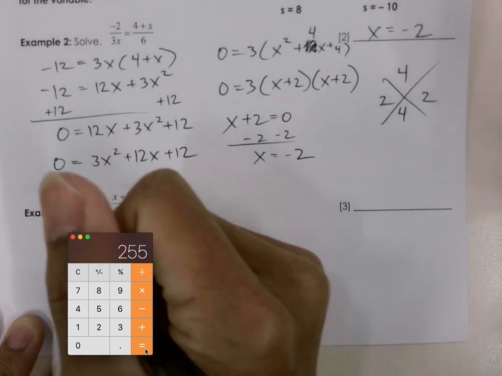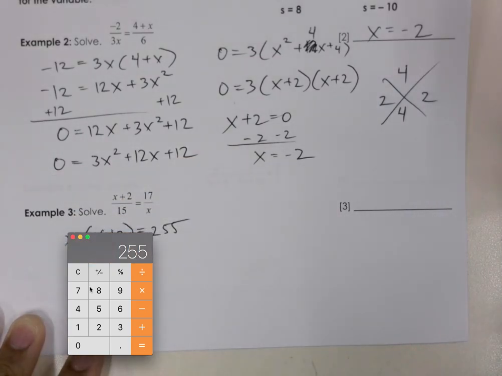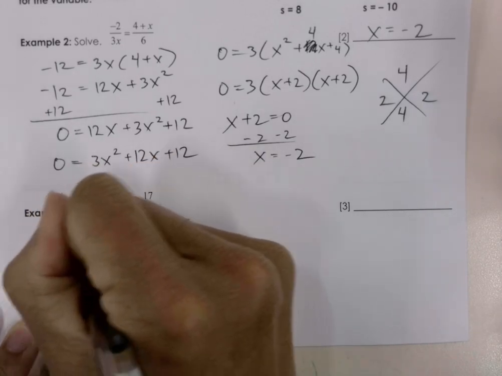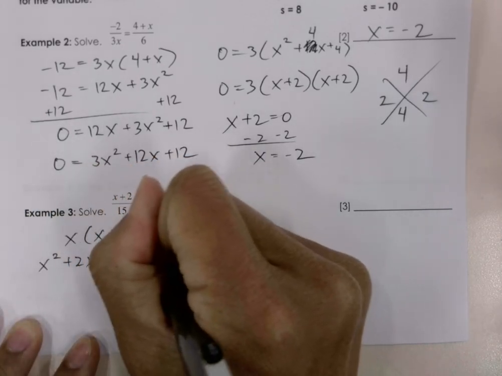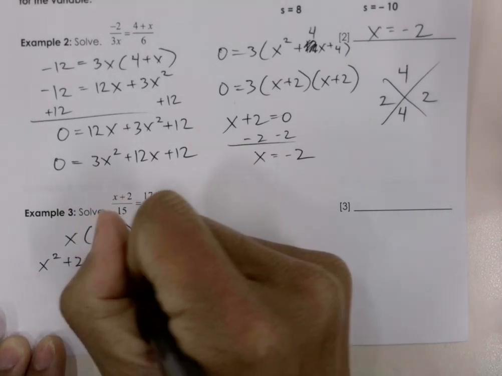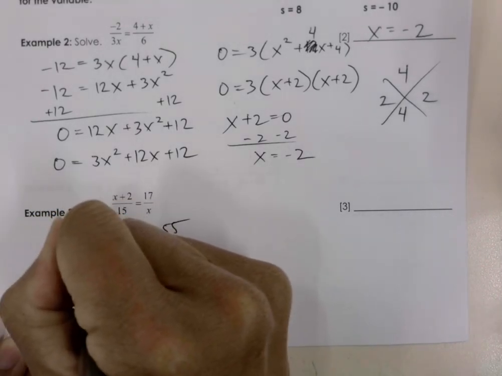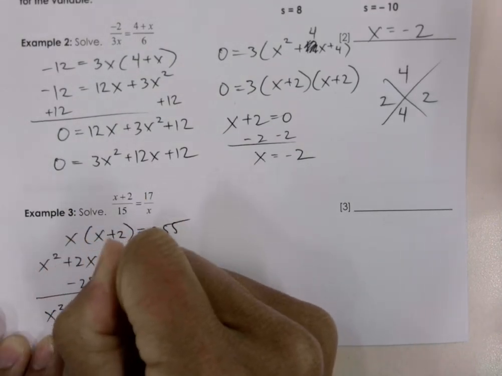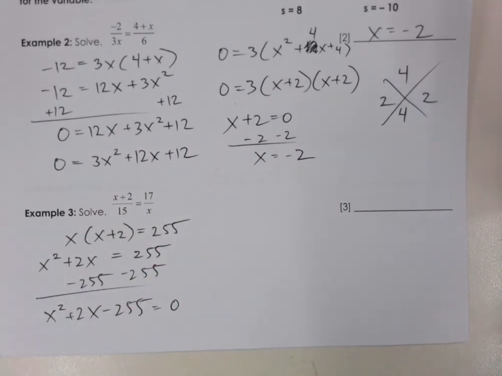Okay, so I'm going to distribute on the left side of the equal sign. So I get x squared plus 2x is equal to 255. Ooh, this is going to be a tough one. So I'm going to subtract 255 from both sides. And I get x squared plus 2x minus 255 is equal to 0.